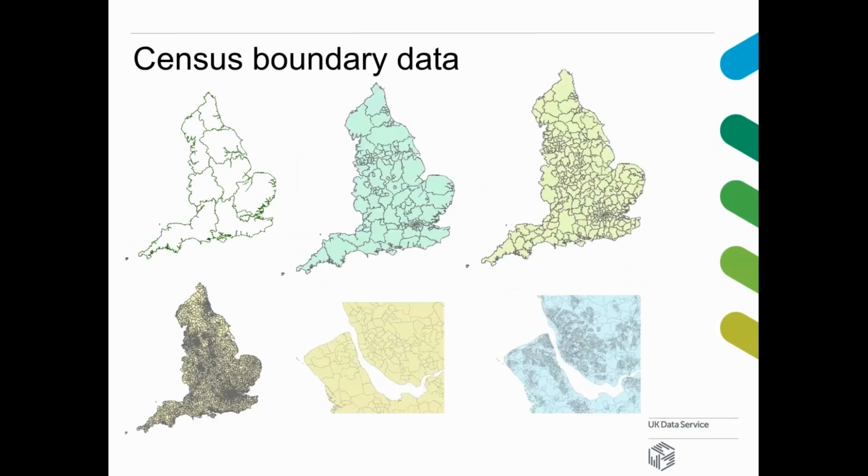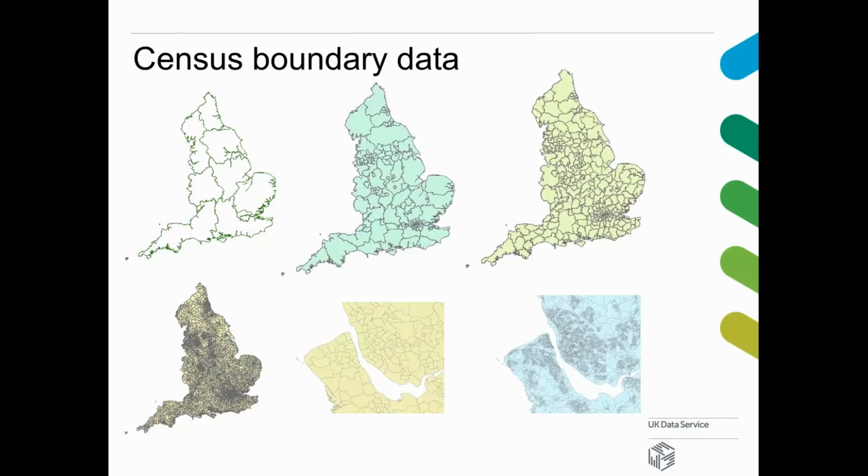Now, we provide access to a number of different census boundaries for a range of geographies, and you can see some examples on your screen here. And this is available from 1981 up until the most recent census. So the first map you can see on the top left-hand side of your screen is the largest, and that's the government office regions.